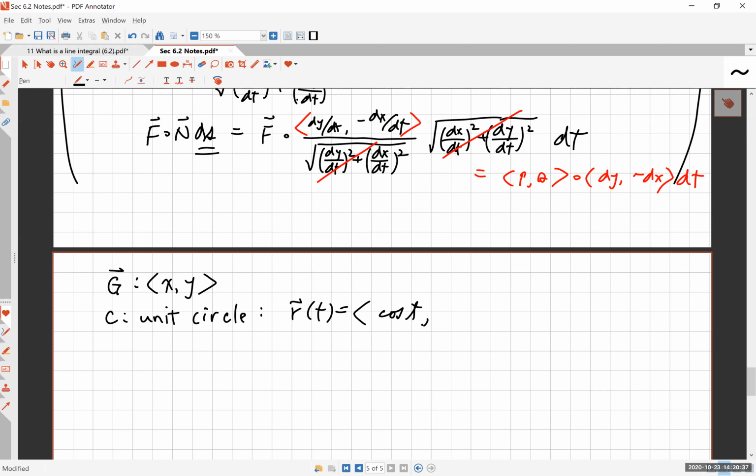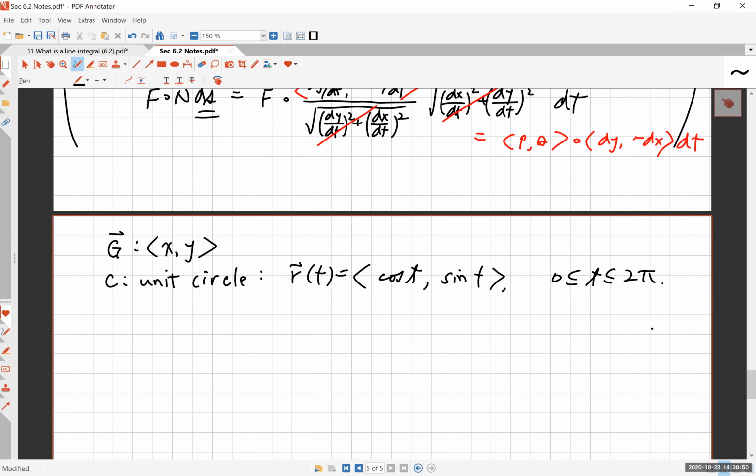So the simplest parameterization, the most common one, is cosine t, sine t, as t goes from 0 to 2 pi, okay? And you should be quite familiar with this parameterization.